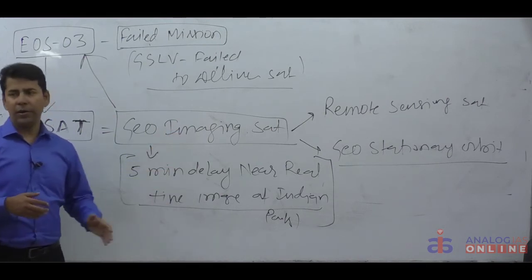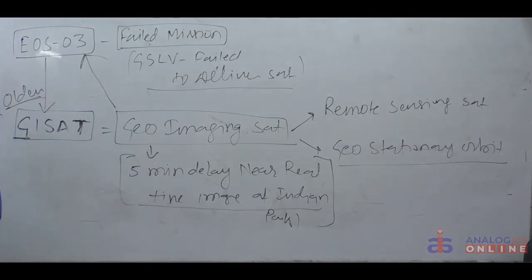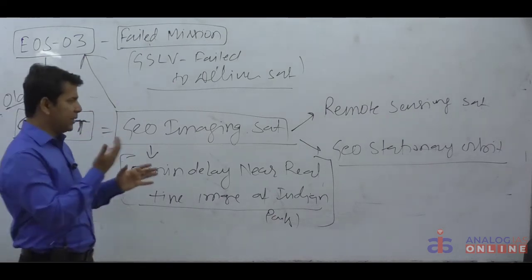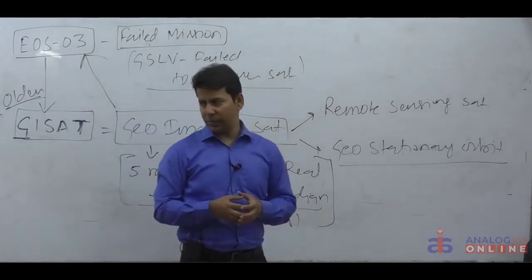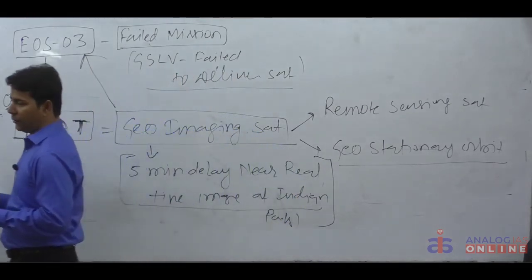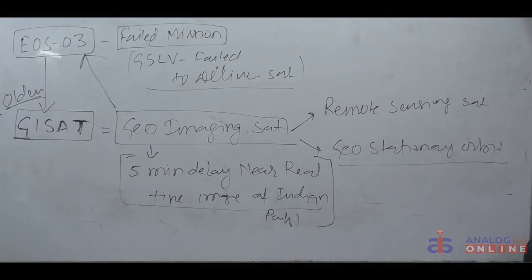And obviously the application of it will be defense and disaster management, because real-time is needed most there. So disaster management and defense applications could have been the applications of it. But because we have lost this satellite, we'll try to get it done one more time.